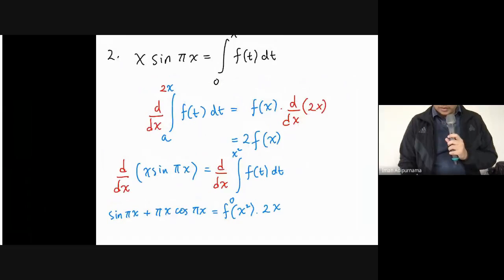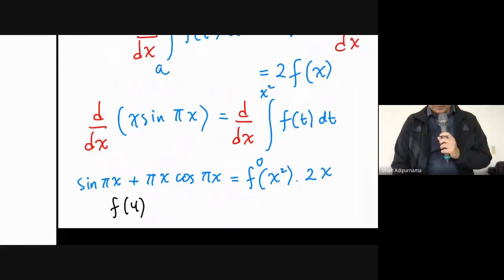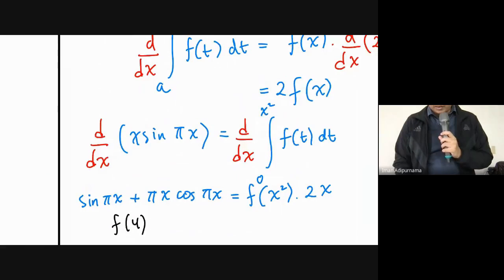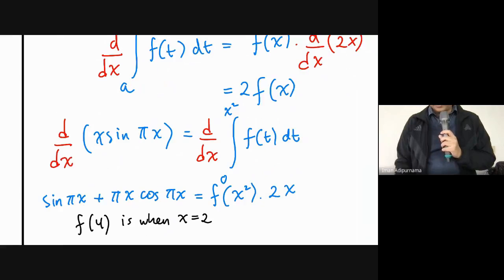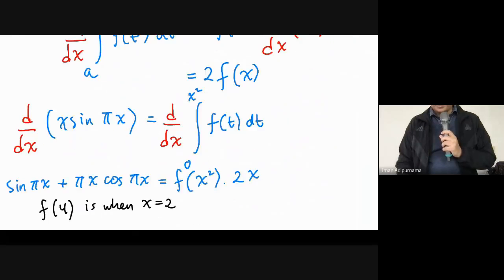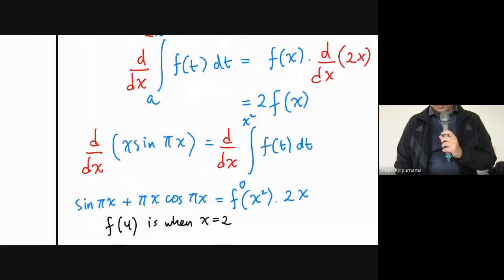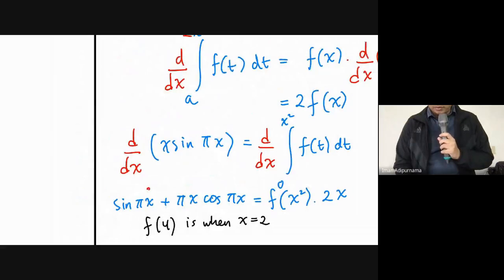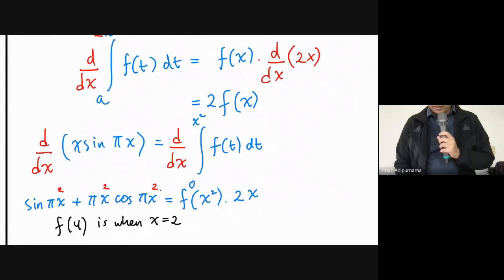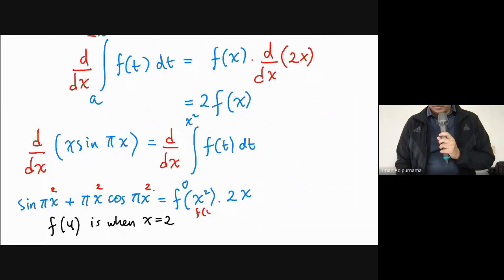The question is f(4). So f(4) is when x is 2, right? And then you can solve the whole equation. You just plug in 2 here, and this becomes f(4).